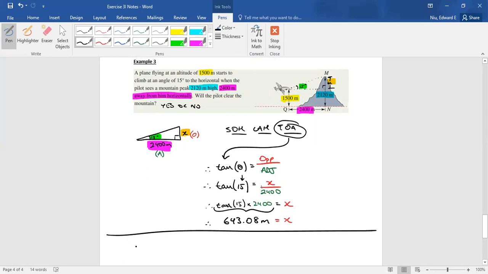The plane needs 2,120 meters, which is the top of the mountaintop, take away 1,500 to clear the mountain.